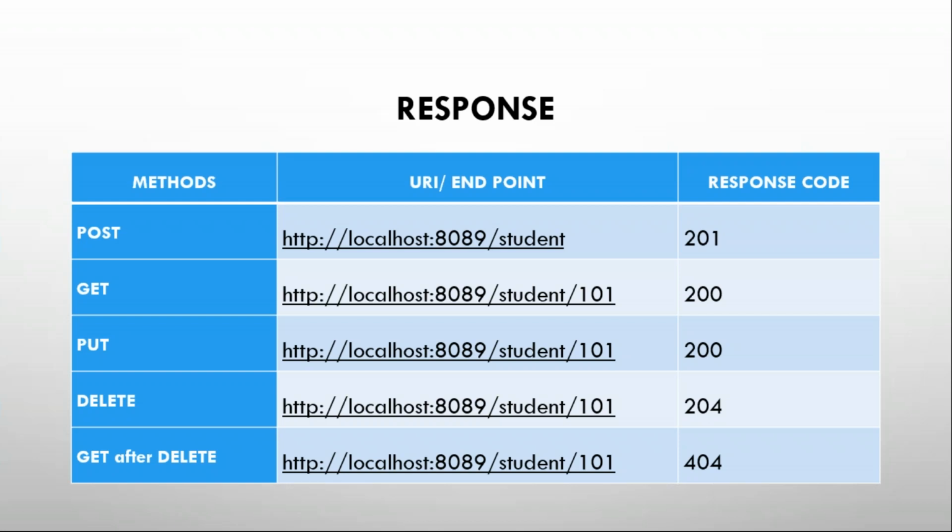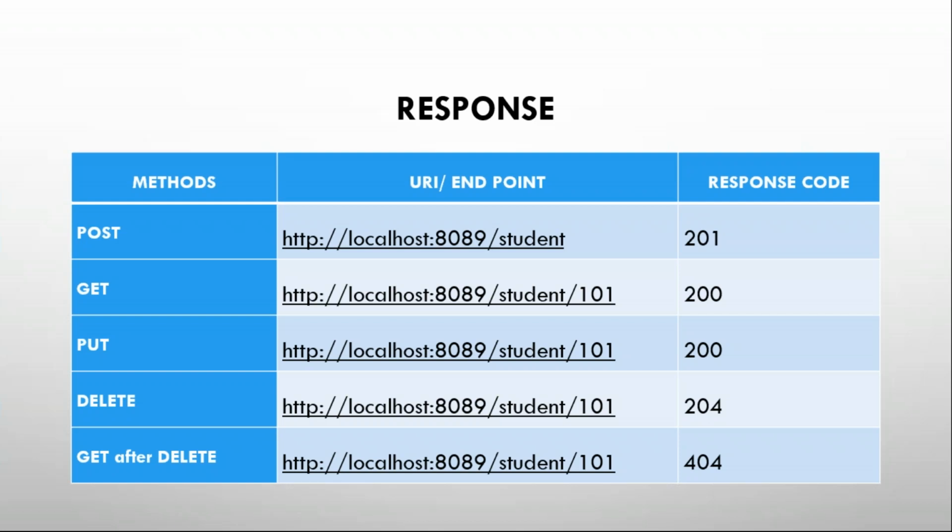The same for PUT. If I want to update anything, like change my mobile number or my username, it sends a request to the database in the form of SQL: update user set last name equal to something where id equal to 101.